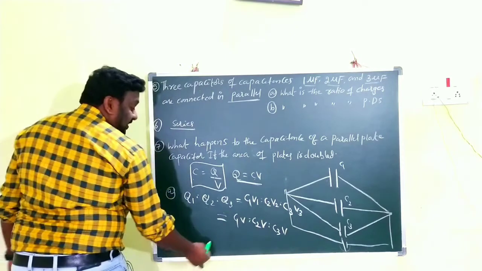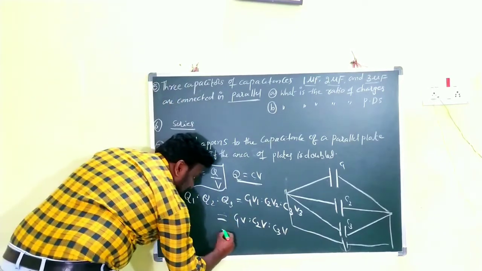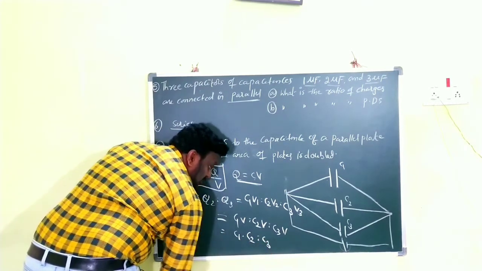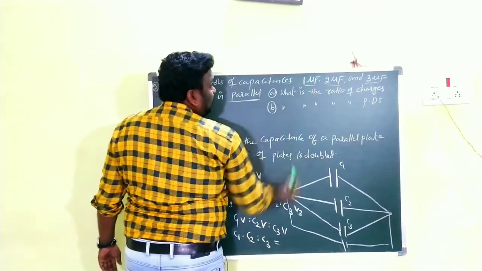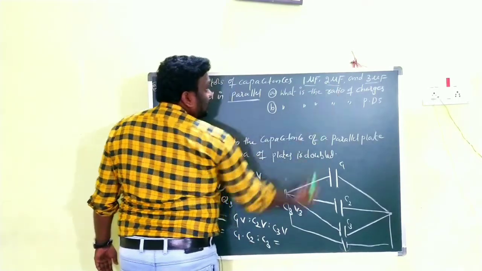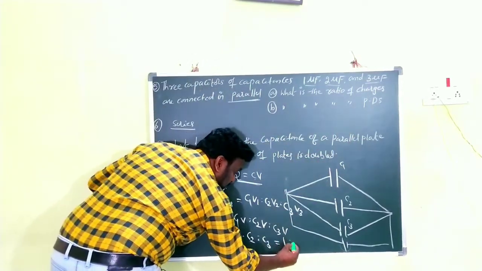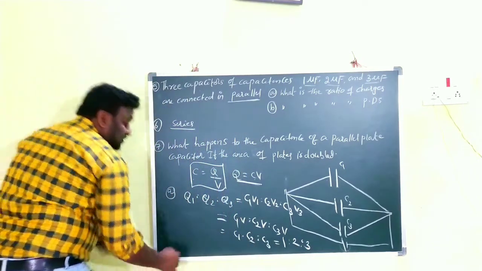That's why I write C1 is to C2 is to C3. C1 is 1 microfarad, C2 is 2 microfarad, and C3 is 3 microfarad. That's 1 is to 2 is to 3. So it is the ratio of charges.